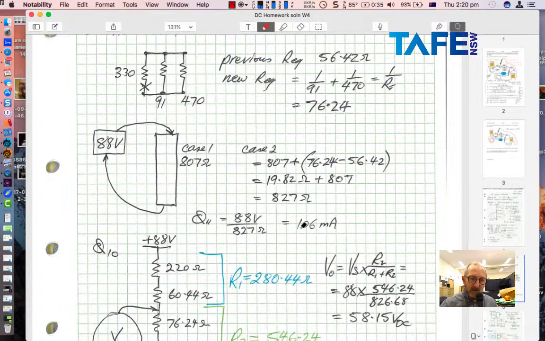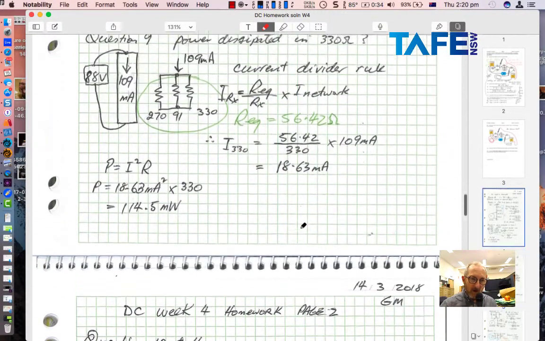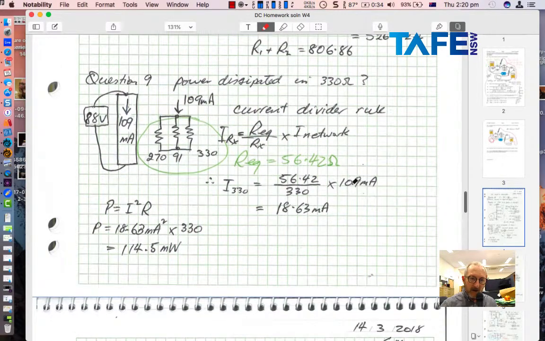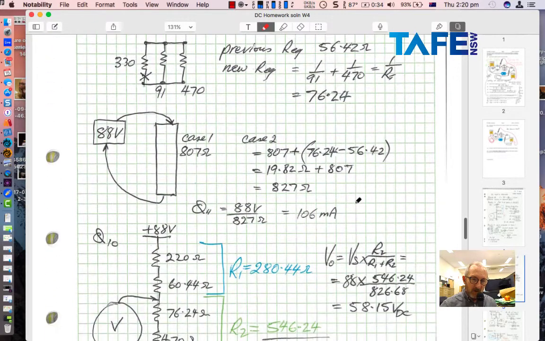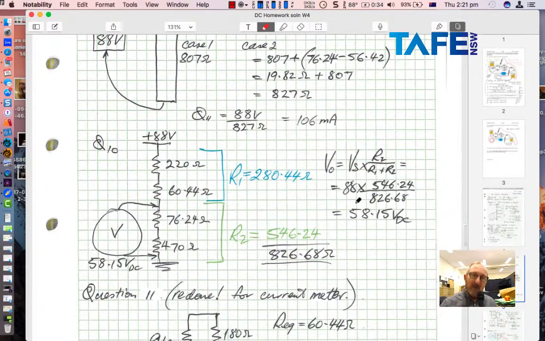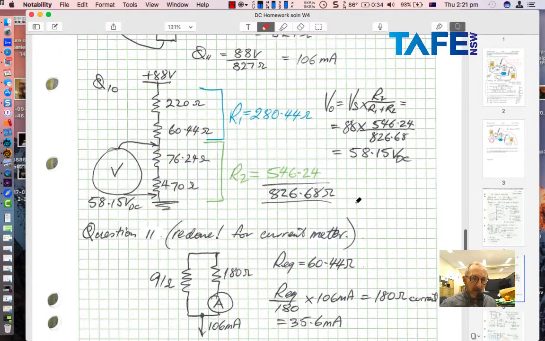And you can see that current there is slightly lower than the original. I think we had 109. We had 109 milliamps there before when the circuit was in good condition. And because the resistance in the circuit increased just a little bit, we've dropped the current down a little bit lower.